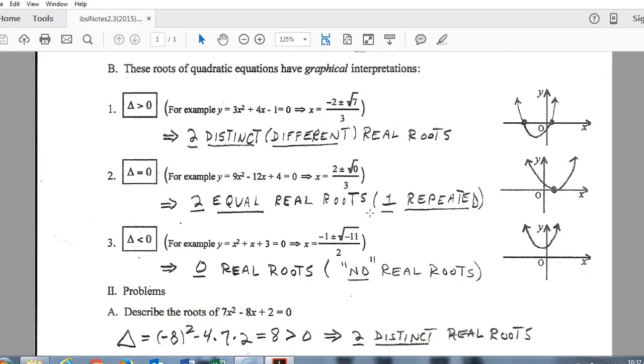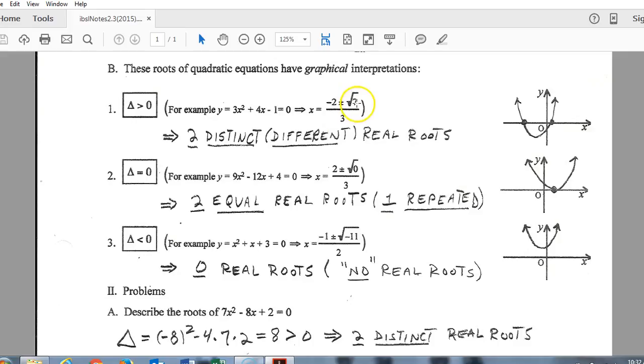So starting with the first one, this one is the normal case where you typically get a discriminant that's positive. So you get a discriminant that's greater than 0. If you were to take this quadratic setup right here where a is 3, b is 4, c is -1, if you were to solve all that, this is what you would get if you did the entire quadratic formula.